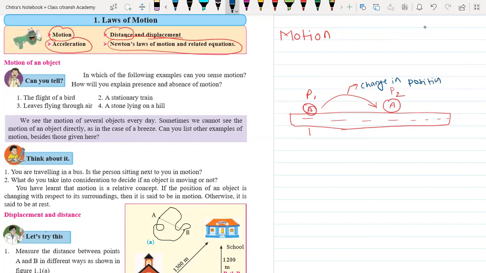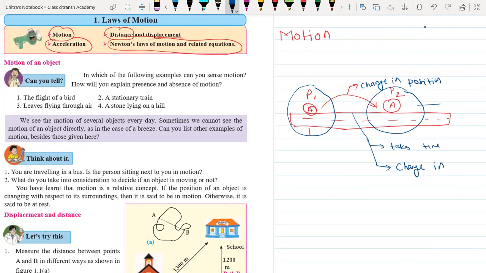When an object changes its position, it takes time also, right? This was the initial surrounding of the object A, and now its surrounding has also changed, right? So a change of surrounding also takes place.